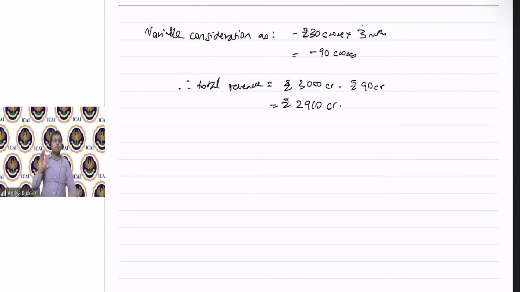So you are having penalties also. So ultimately, when we talk about penalties, it's classified into two types. Okay. What are those two types?